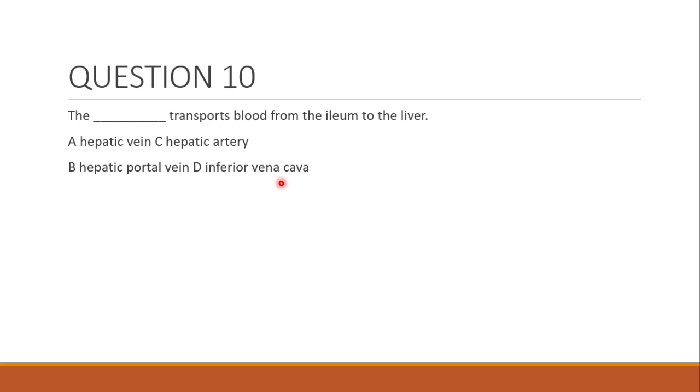Alright, so the answer for our final question is hepatic portal vein, which is B. Alright, my excellent students, if you've noticed, biology is a bulky subject, and these topics are interlinked.